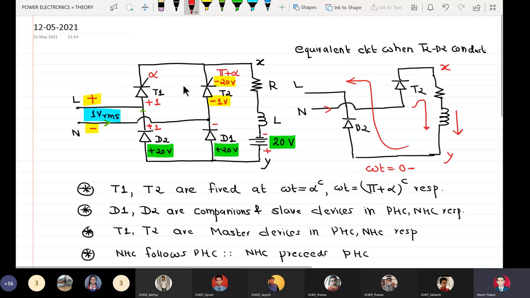So basically the status is T2 will remain forward biased. Okay. Here T1 is not fired at all, so it will remain off here, and D1 is also forward biased here. Got the point? So what happens, students, is that T2 and D1 will continue to conduct. Getting me? So these two will conduct.